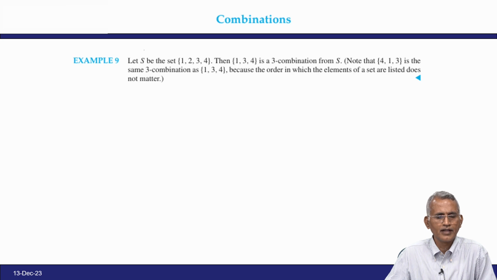Then one more example: let S be the set {1, 2, 3, 4}, then {1, 3, 4} is a 3-combination from S. Note that {4, 1, 3} is the same 3-combination as {1, 3, 4}, because the order in which elements of a set are listed does not matter. So, this way also we can do that.